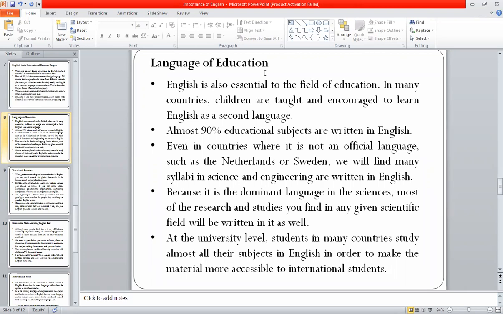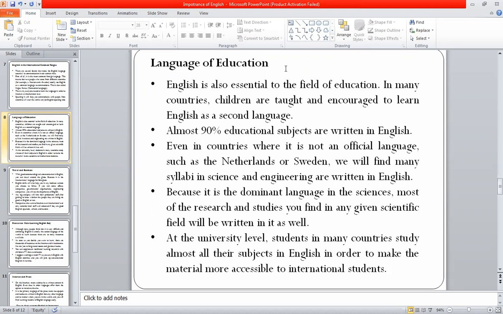So English is essential to the field of education. In many countries, children are taught and encouraged to learn English as a second language. In India itself, we have English as a second language, and our first language is our mother tongue or Hindi language, or state language.